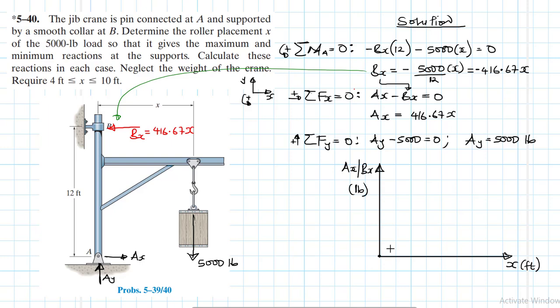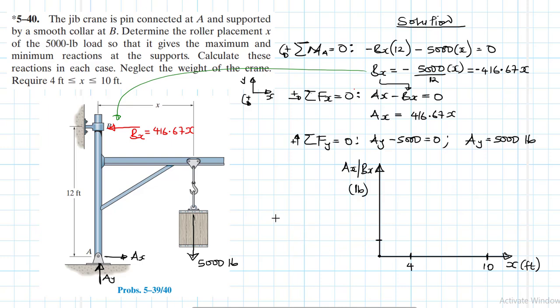So let's start. We have been told we are starting at 4, so let's assume this is our 4 feet, and let's assume this point is our 10 feet. Let's assume these are the two points for AX and BX.